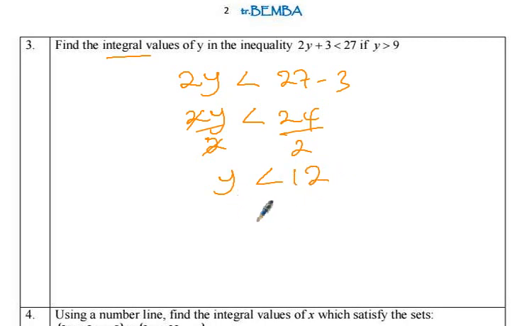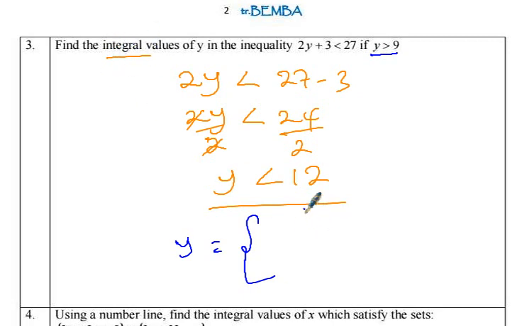Okay, that's our solution. But now they have told us to find the integral values of y, and we have a condition here, if y is greater than 9. And when we solve the inequality, we are getting that y is less than 12. So that means y can take on values greater than 9 but less than 12, and these values must be integers.